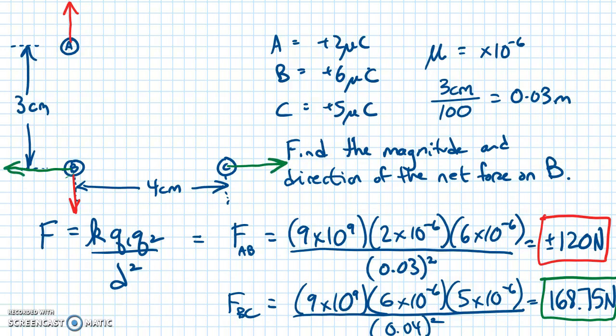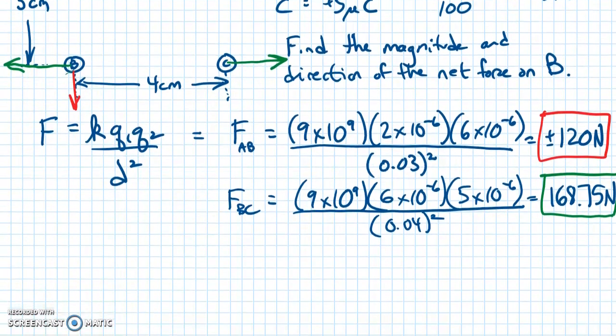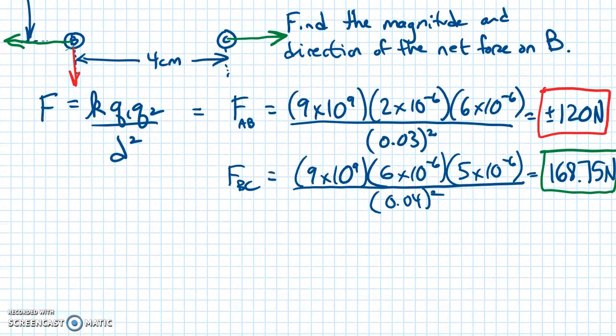And what we're ultimately interested in now is the total force on B. Now, logic would tell you that if something pulls down and to the left, the object's going to move diagonally that way. And that's correct. And we can get a precise value on that if we draw a little rectangle here. And actually, I'm going to redraw this just so it's more clear down here. So here's B. Here's that 120 newton downward force. Here's that 168.75 sideways force.